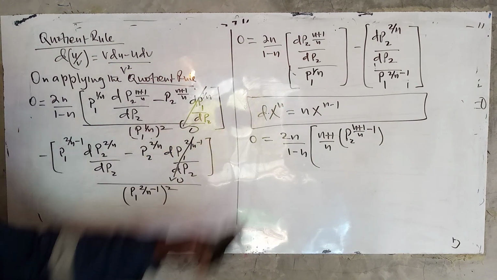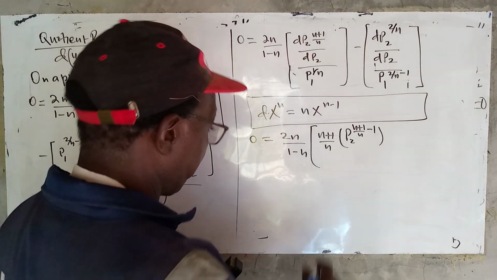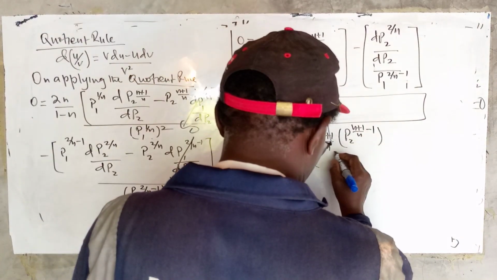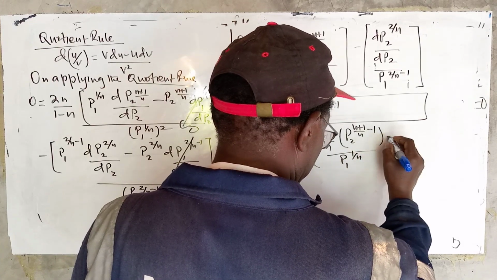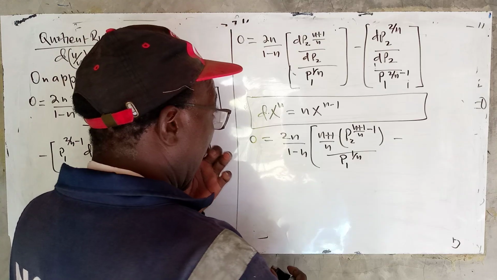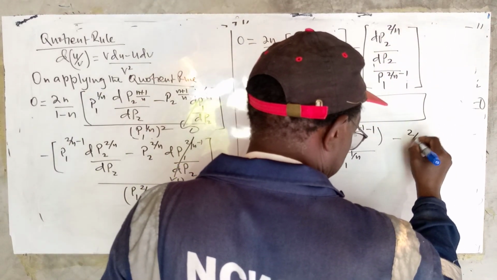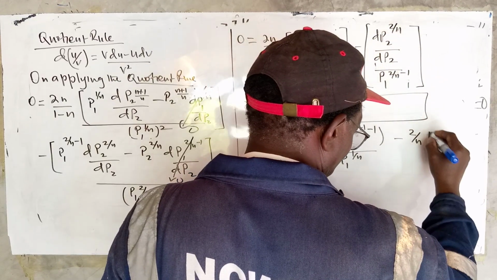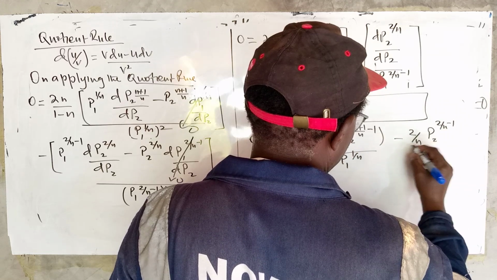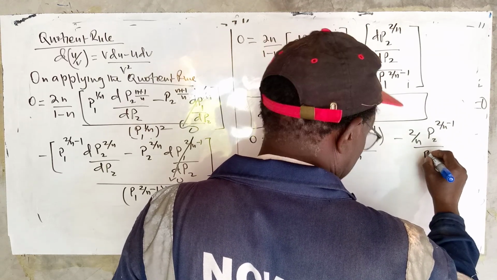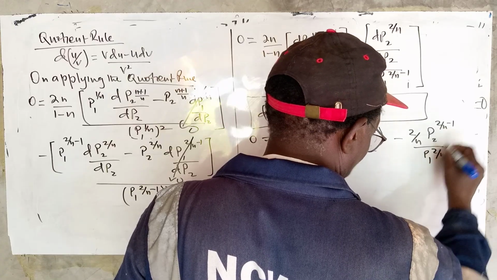Just use that identity from differential calculus, and this is over p1, 1 over n, minus, this now will be 2 over n, p2, 2 over n minus 1, divided by p1, 2 over n minus 1.